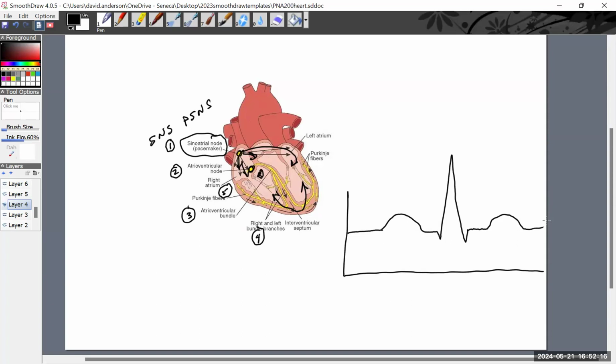So this electrical activity that we've just drawn in a typical ECG cycle, this represents a cycle. This is designated the letter P. P wave equals atrial contraction. And this is designated as the QRS complex, which is otherwise known as ventricular contraction.